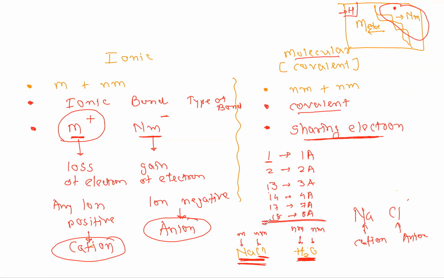So 1 is 1A, 2 is 2A, then you move on to 13, which is 3A. Then you continue 4A, 5A, 6A, 7A, and 8A. So 14 will be 4, 17 will be 7, 18 will be 8. Make sense? I understand. Thank you. No problem.